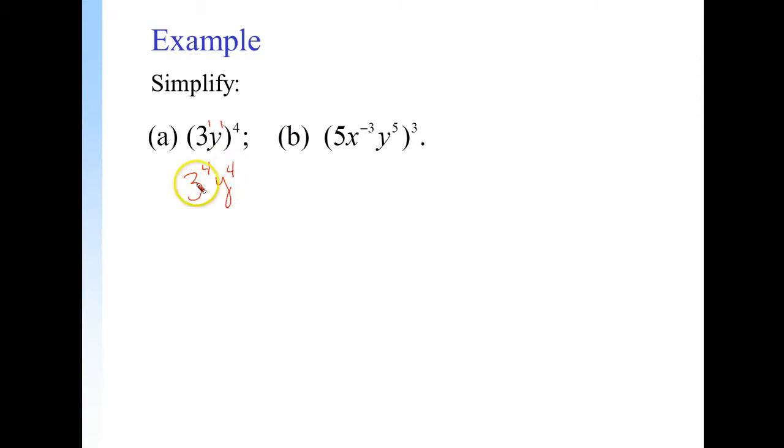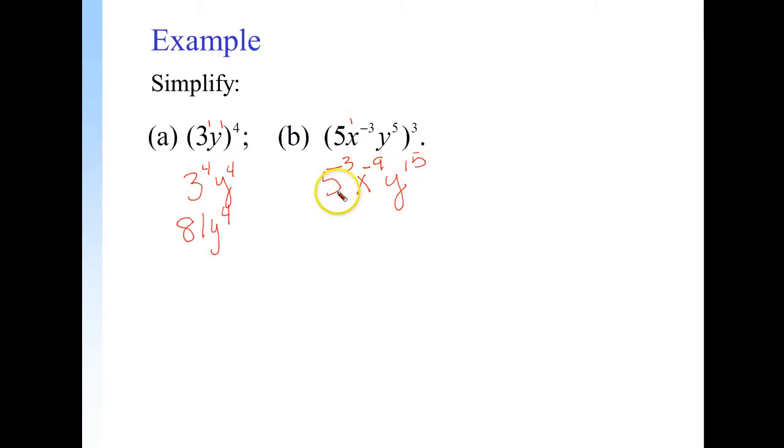And you may or may not know that 3 to the 4th is 81, y to the 4th. And here this is going to be 5 to the 3rd, because there's a 1 there. This becomes x to the negative 9, y to the positive 15.